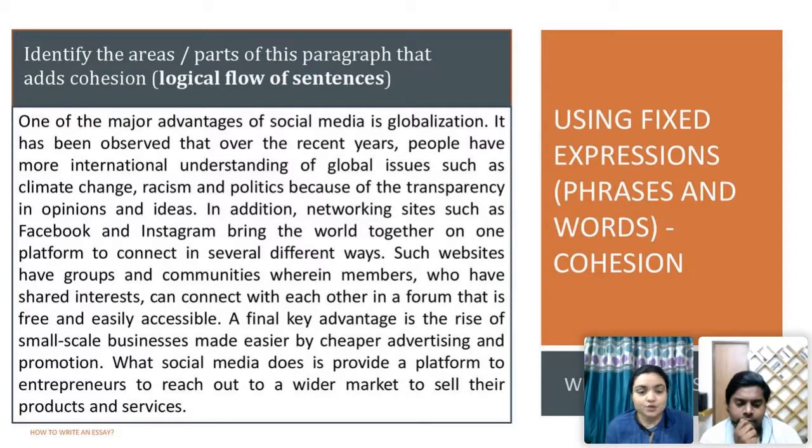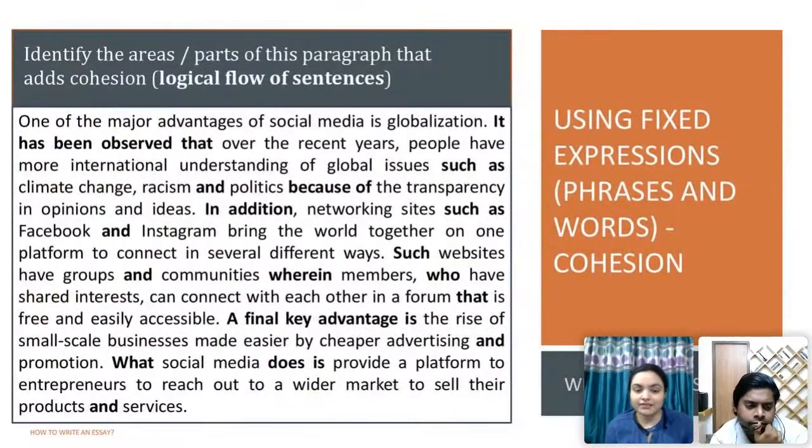I understand them now. Using small words like and, because, to, using discourse markers or fixed expressions like moreover, although, it has been observed. These phrases help you to give cohesion to the essay. Here I have highlighted the phrases in discussion and some more. Take a minute, have a look at it before we move on.